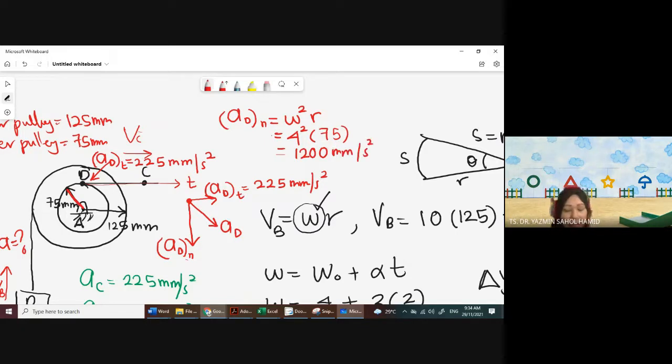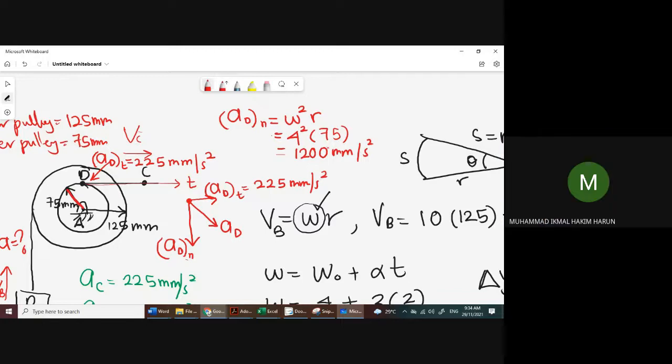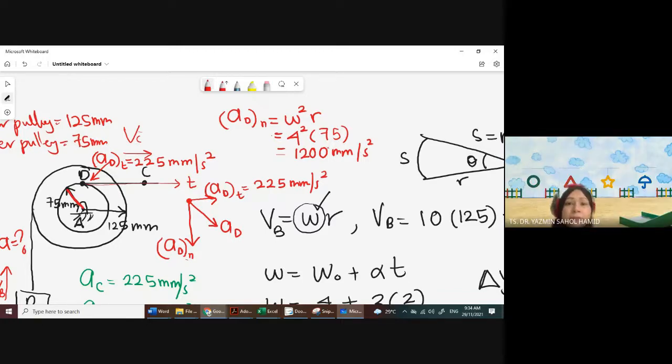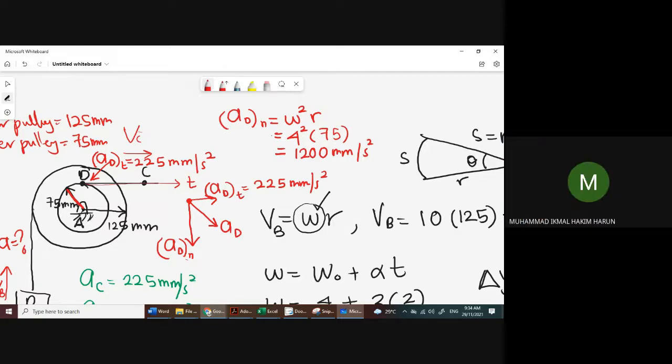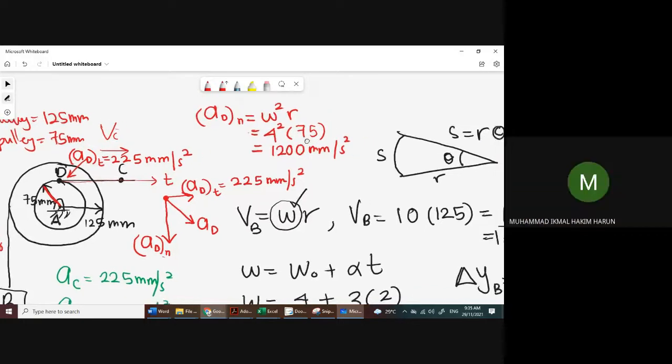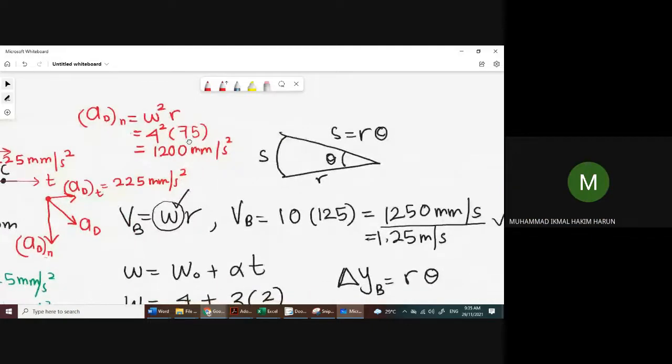So, macam mana kita nak dapatkan AD? Magnitude. Cuba dapatkan. Dapat berapa? 1200.91. Okay. Betul. Nasib baik.